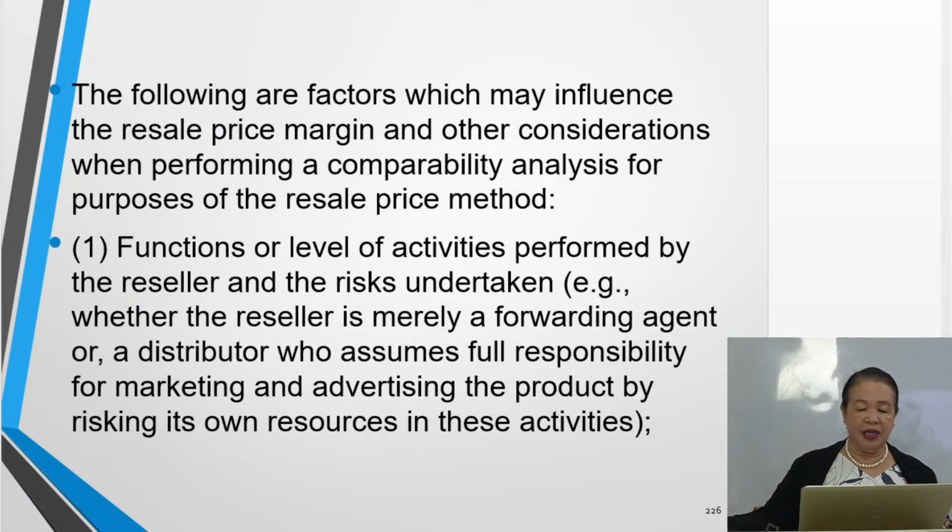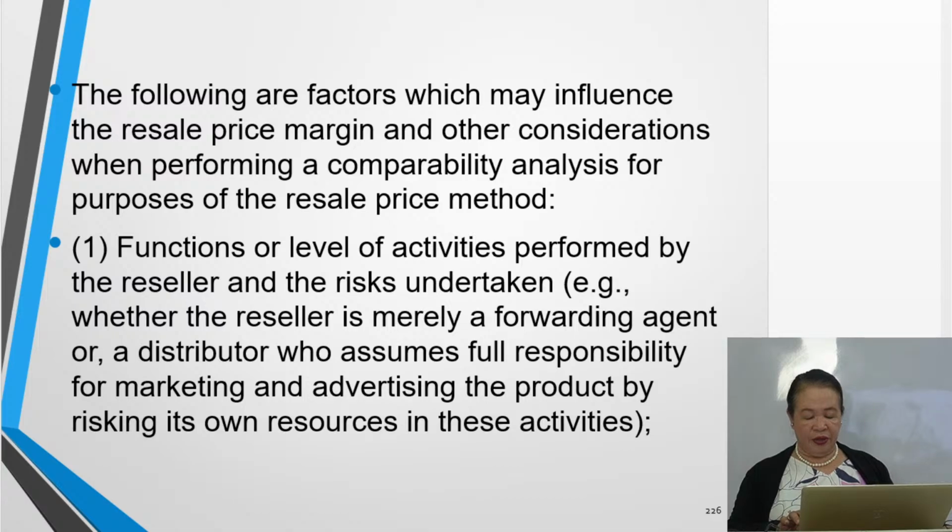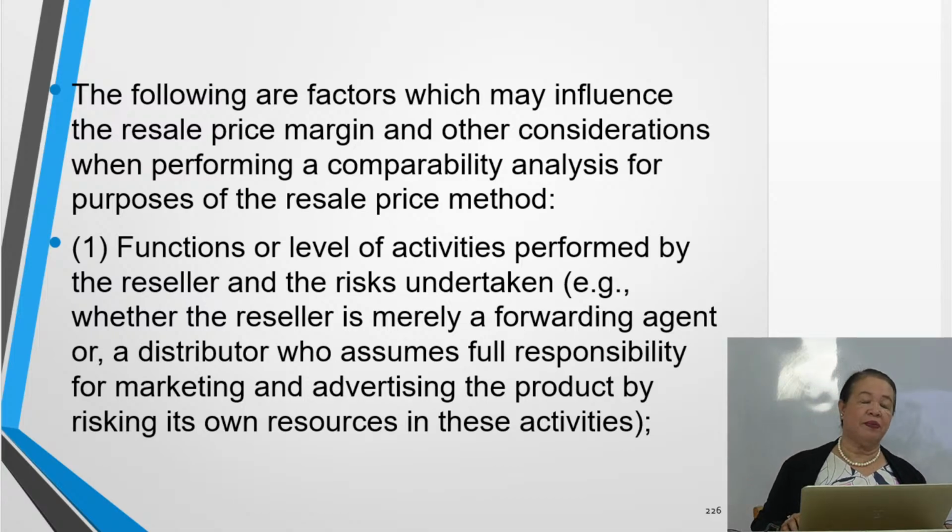So, whether the reseller is merely a forwarding agent or a distributor who assumes full responsibility for marketing and advertising the product by risking its own resources. Anong risking its own resources? Siya ang sarili niyang gumastos, no? Kasi halimbawa, hindi pa kilala yung product, introduce pa niya sa market. So, mag-i-incur pa siya ng marketing and advertising cost para makilala yung product at magkaroon ng share in the market.